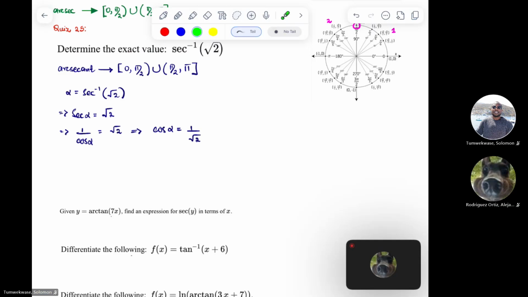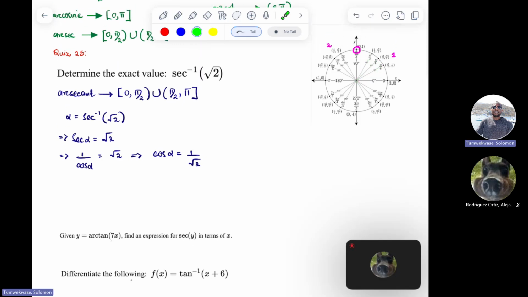So maybe now, since I have changed to cosine, you could determine alpha from here. If you change to cosine, then you know that the range of arc cosine, or the restriction of arc cosine, is 0 to pi, and it remains the same thing right here. So it is in these 2 quadrants, but cosine of alpha is positive, and therefore we are very sure that we have to find that angle in the first quadrant.